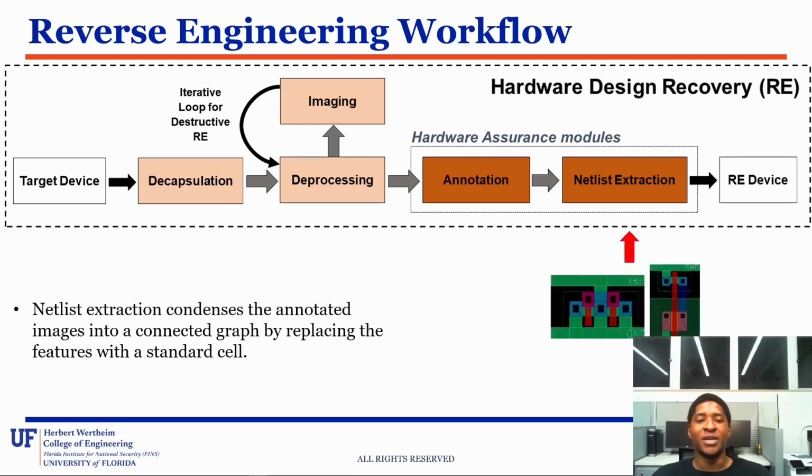Moving on, we can perform netlist extraction after the annotation. In this method, we are able to make graph-like connections of the various components of the IC. This becomes the blueprint of the different elements in the device that we can use to understand its structure and especially its functionality.